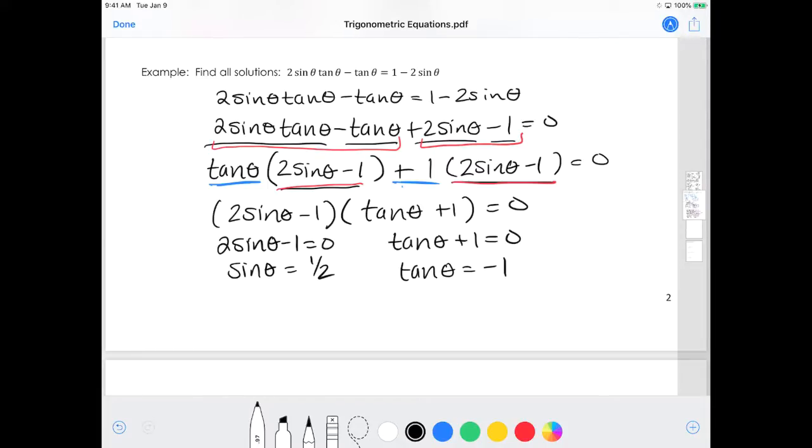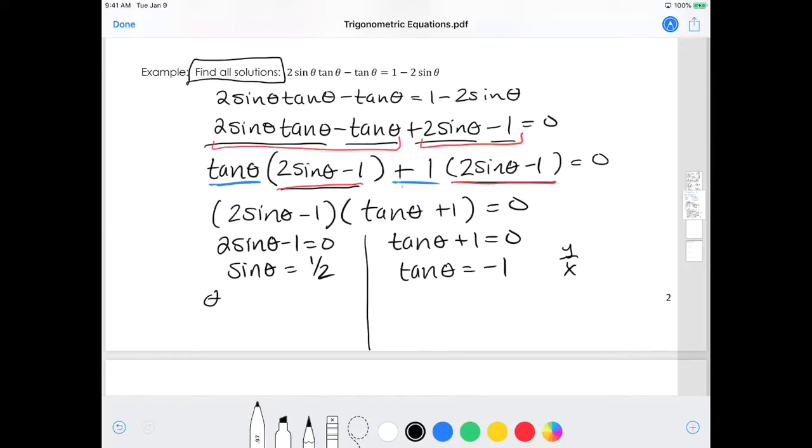So I'm going to look at my unit circle, and I'm going to find all the places where sine is equal to 1/2. So there are 2 places that would give me that my y coordinate of my ordered pair is 1/2.